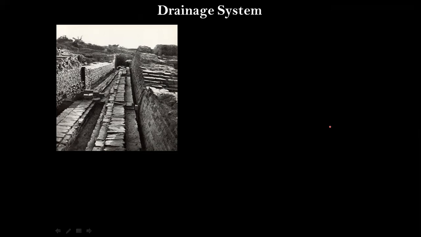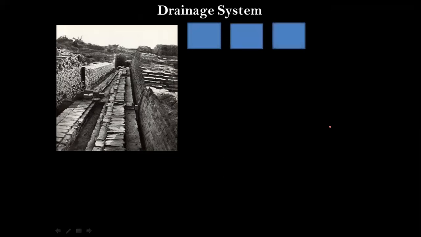So in order to understand the drainage system, first of all, let us take an example here. In every Harappan site, we know that the drainage system was well planned. In each and every household, you will see that there is a small drain provided, and this small pipeline is used for the waste water from every household.